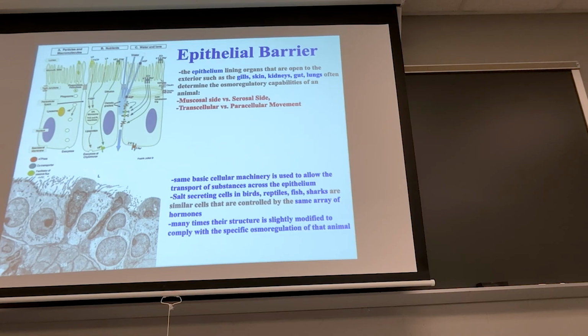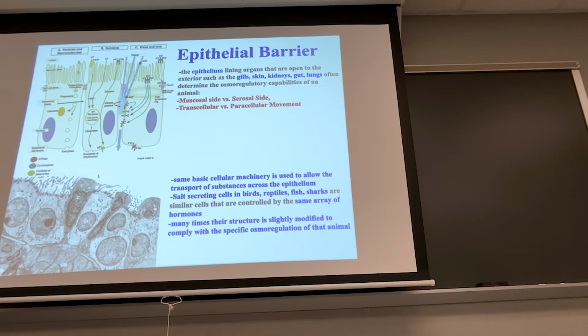The epithelium we're going to be focusing on are those in gills, skin, kidneys, because we're going to be talking about salt transport and water absorption and loss as we do this. The basic machinery used is going to be the same, but we can customize or polarize, if you will, where we put these proteins. And as we start moving them around, it will become apparent.